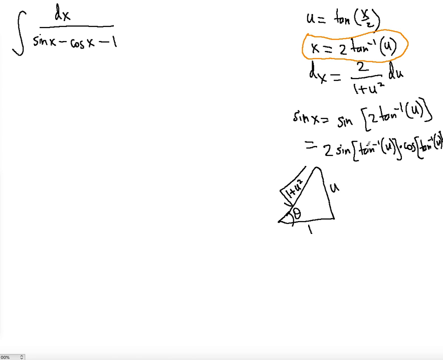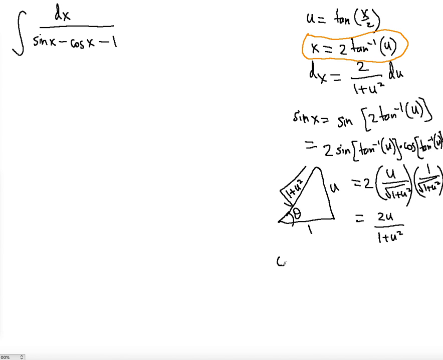So sine will be opposite over hypotenuse, u over square root 1 plus u squared, and the cosine, adjacent over hypotenuse, 1 over square root 1 plus u squared. Which will give you 2u over 1 plus u squared. Perfect. Now what about the cosine?